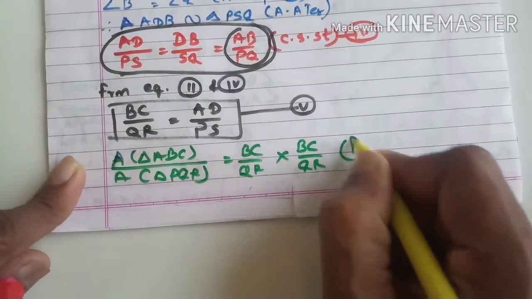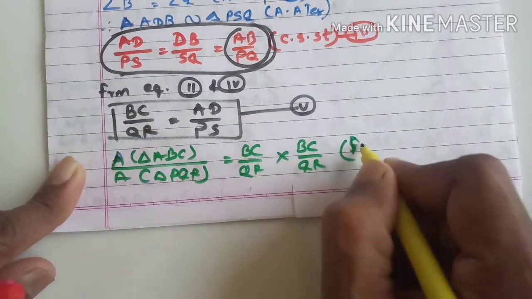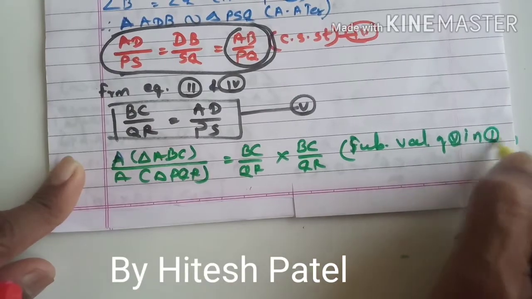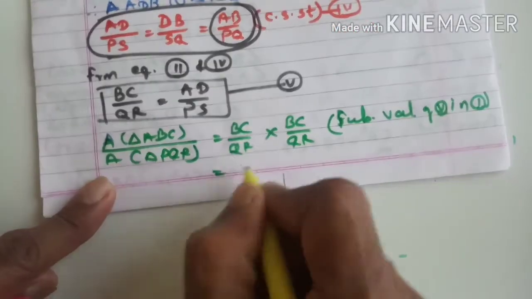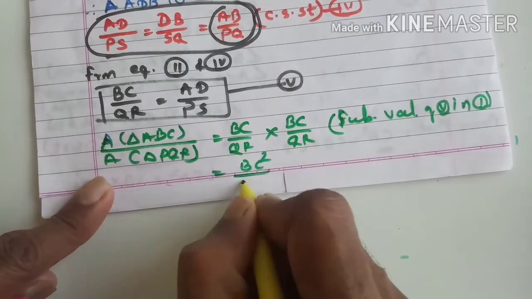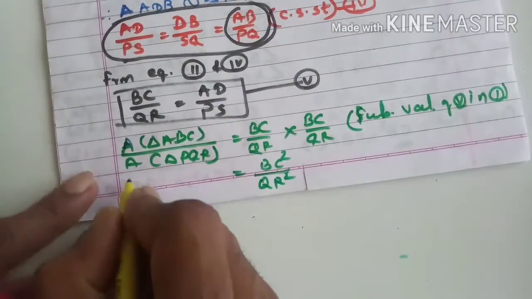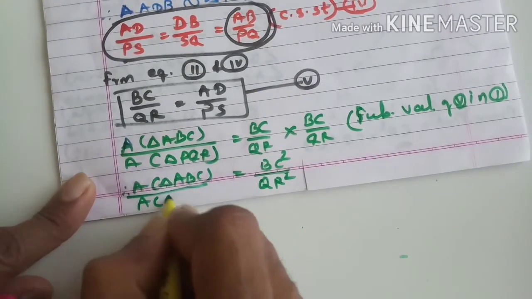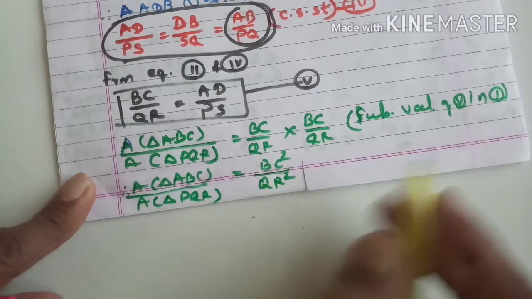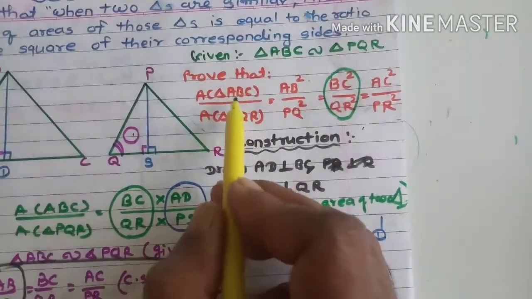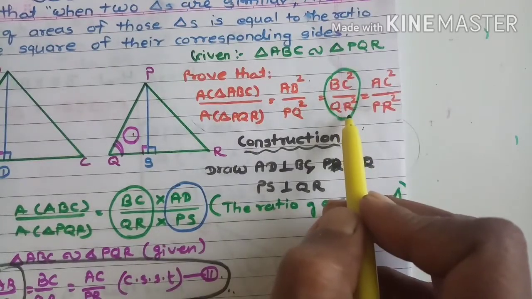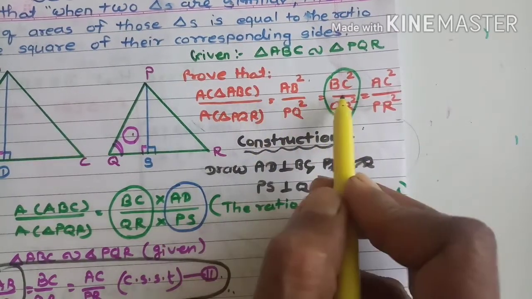Okay, you can substitute the value of 5 in equation number 1. So BC into BC is BC square, QR into QR is QR square. Therefore area of triangle ABC upon area of triangle PQR is equal to BC square upon QR square. Okay, so we proved this: ABC upon PQR is equal to BC square upon QR square. Okay, so one ratio we proved.